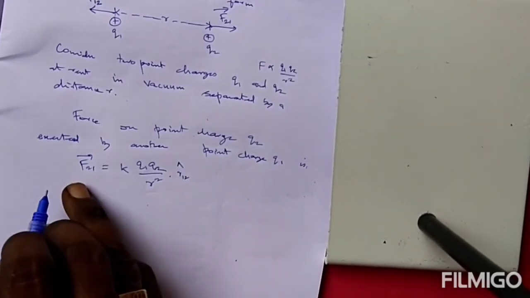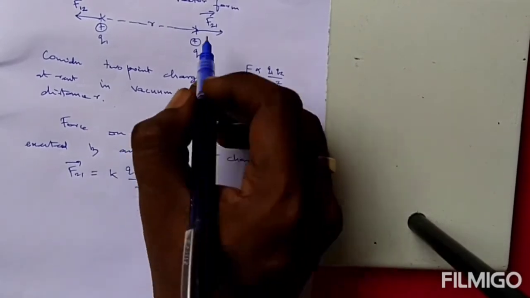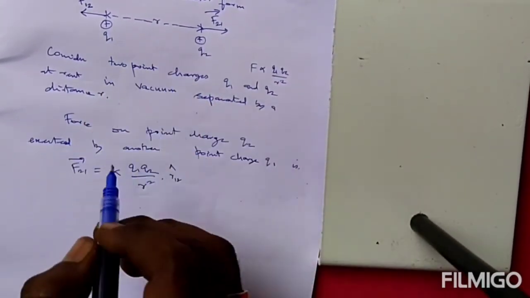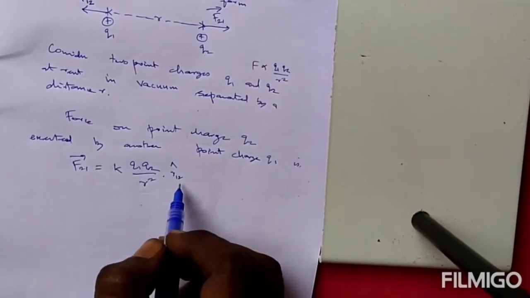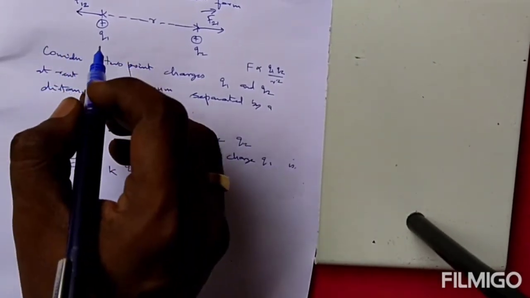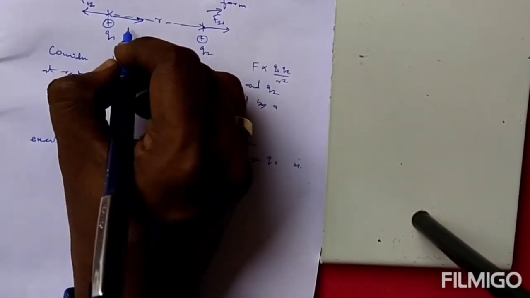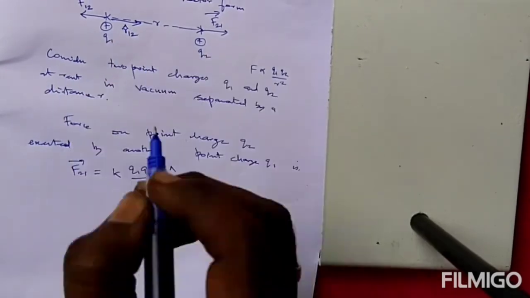So this is the vector equation. It is the force on the point charge Q2 exerted by another point charge Q1. Here R12 cap is the unit vector acting from Q1 to Q2.